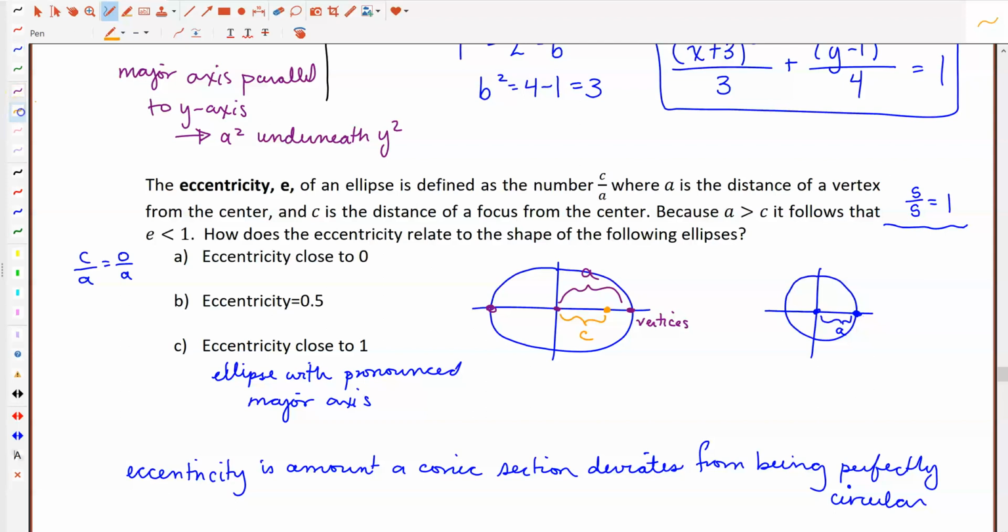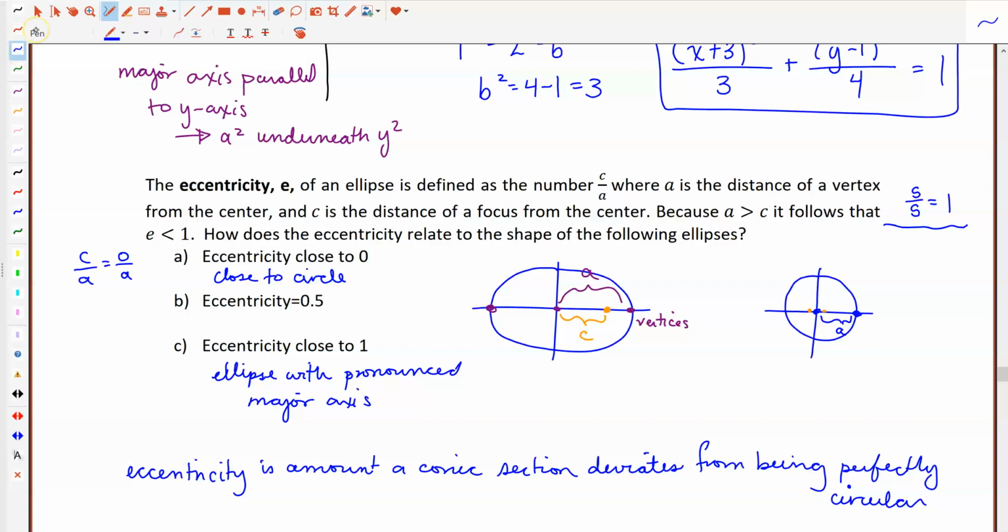So the value for c, the distance out to your focus, is going to be very, very small. And if that distance is very small, then you're going to get eccentricities close to 0. So the ellipse will have a shape that is very close to a circle.